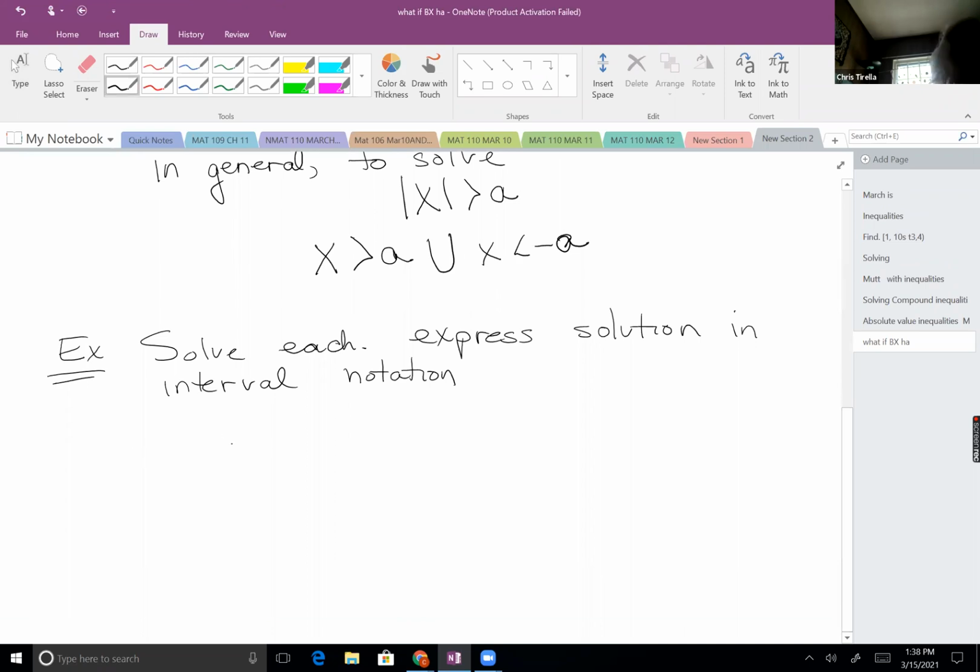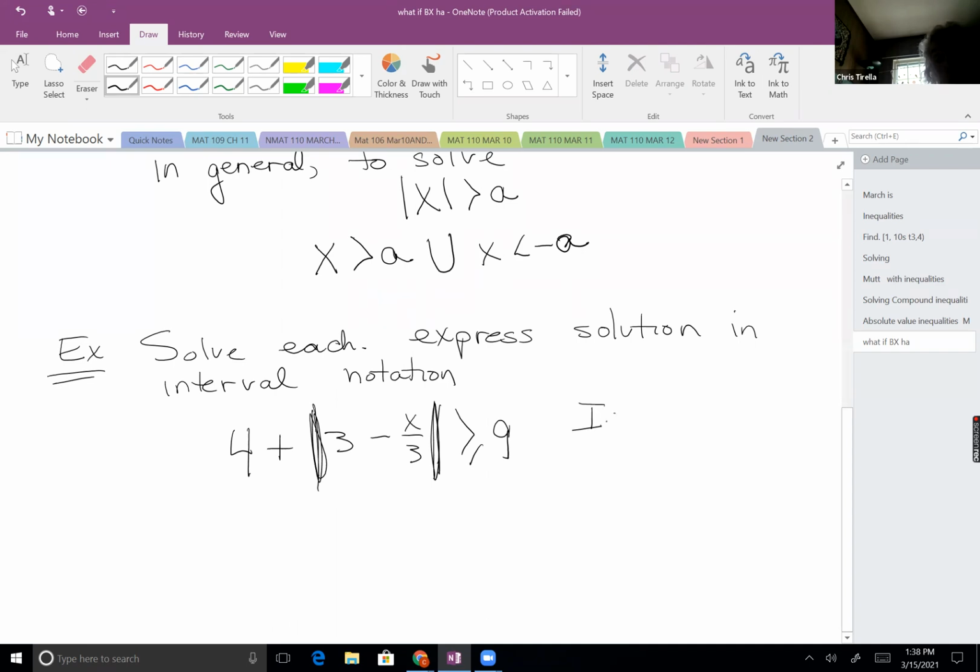And so let's say we've got 4 plus the absolute value of (3 minus x) over 3 is greater than or equal to 9. Again, before I rewrite it or do anything else, I want to get that absolute value alone on one side of the inequality.